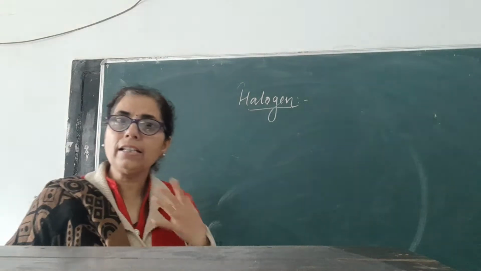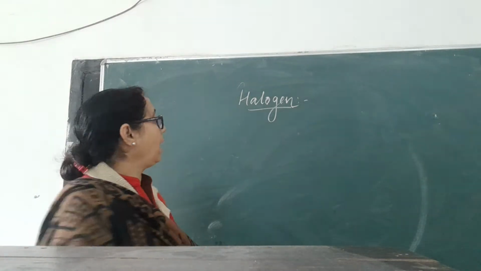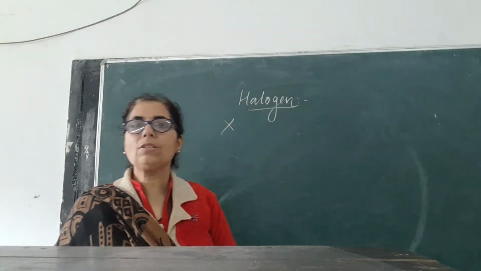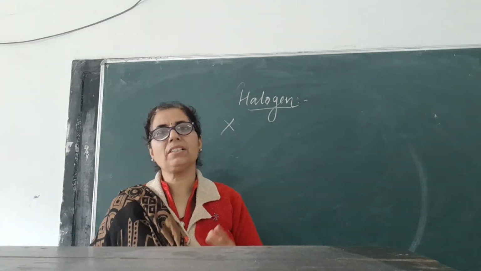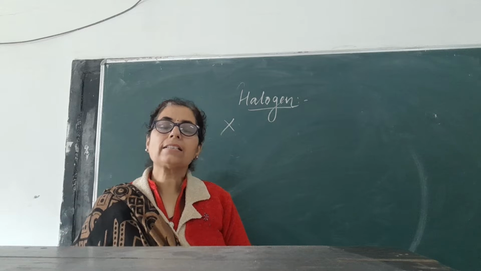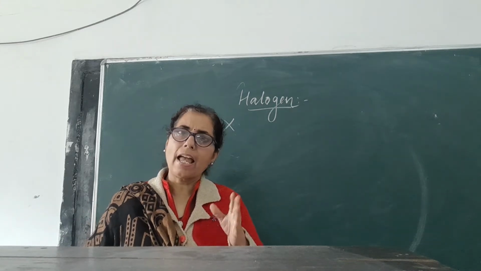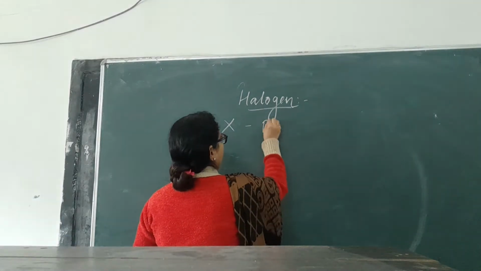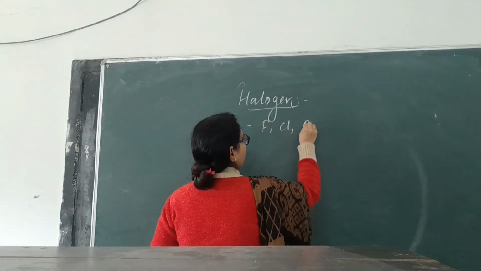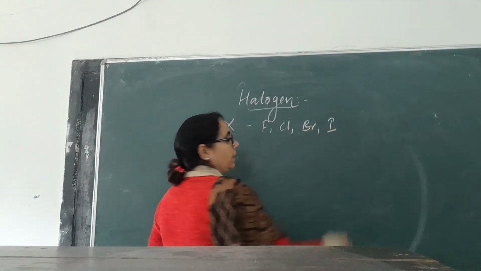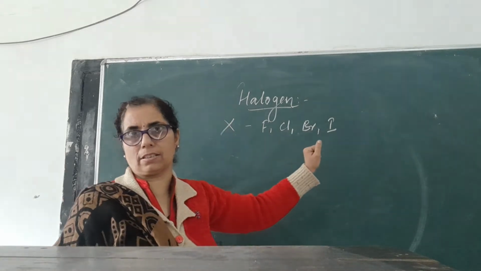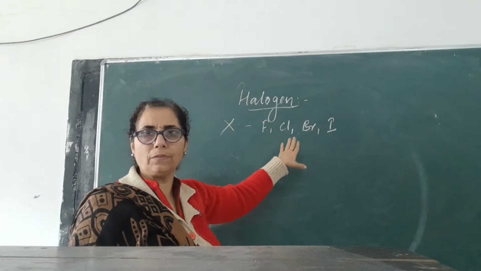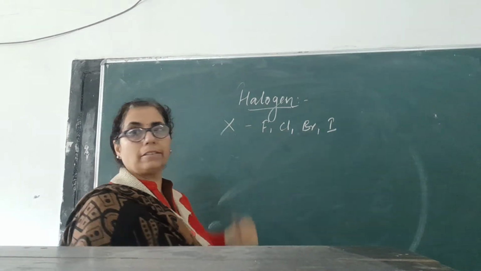Halogen is another functional group, and we represent it by X. X represents any type of halogen that is present in it. That can be fluorine, chlorine, bromine or iodine. These are all halogens. In order to represent the whole halogen group, X can be written.